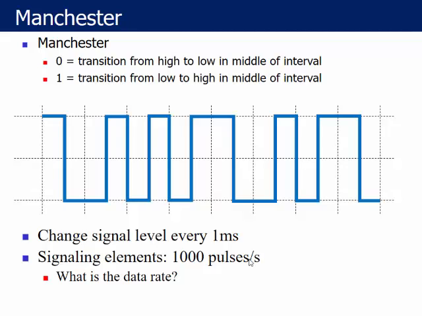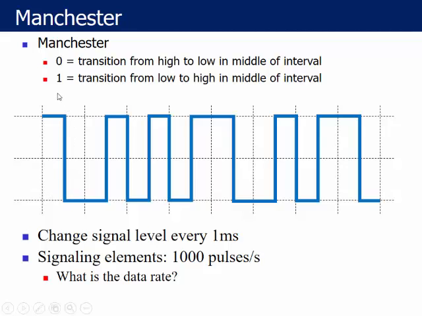Manchester uses 2 bits of signal per 1 data bit. If we have 1 data bit, then the encoded signal will use 2 bits. So 2 signal bits per one data bit.